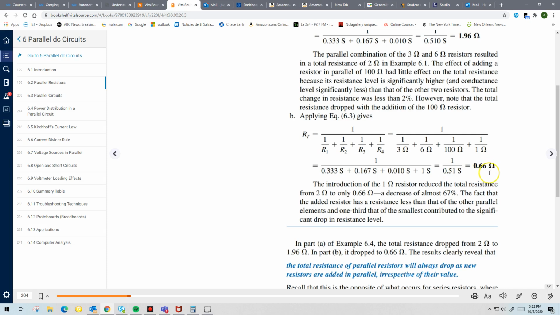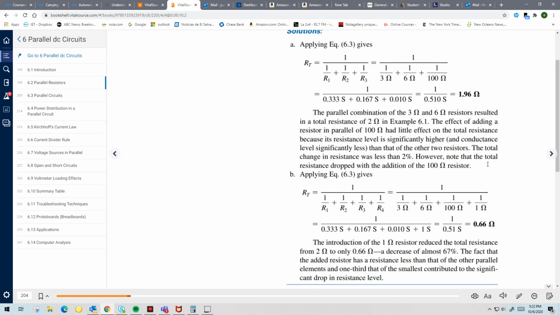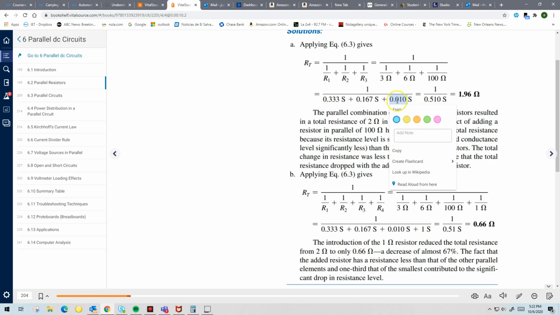Well, what you'll see first is that if you add a 100 ohm resistance, it's not going to change much, because look at what the 100 ohm is adding to the total value: another 0.010 to this.